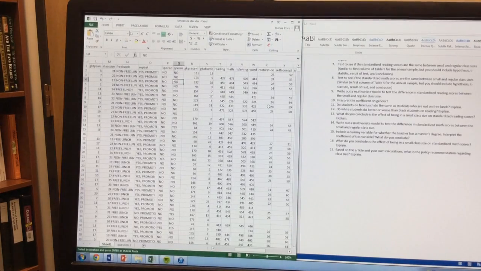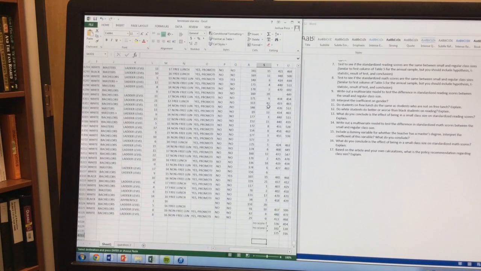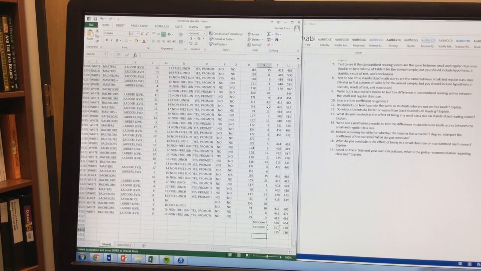So the way we want to address this is we want to come down here to column T, which is the reading score, and we want to come up with what we call the mean reading score. Okay, and so this is just the average. So we start at the last one, we go up, and so we're going to go from, oh, we don't want this, because this is column S, and our reading score is actually column T. So I'm going to create this in column S. I'm just going to copy and paste it over to column T. So 2 to 6326.